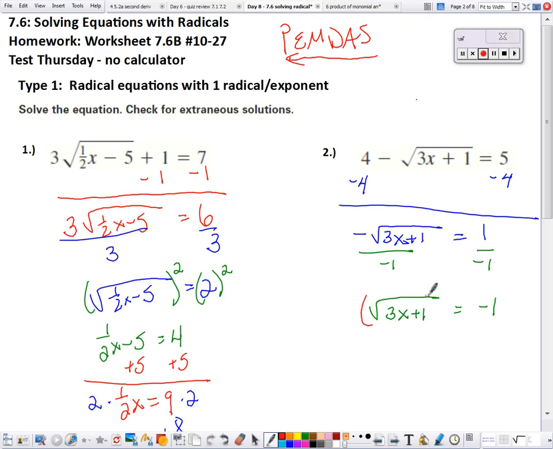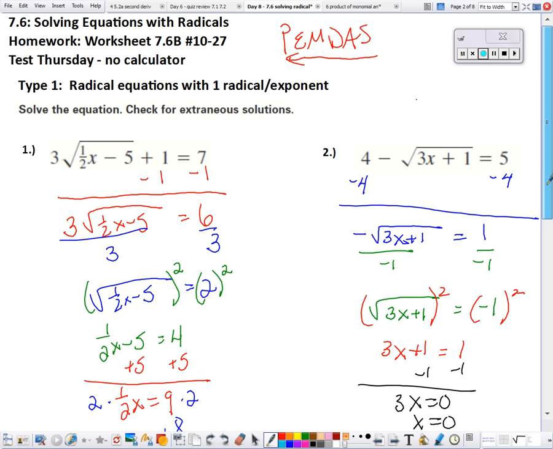Square both sides. And keep solving. We get x is 0.